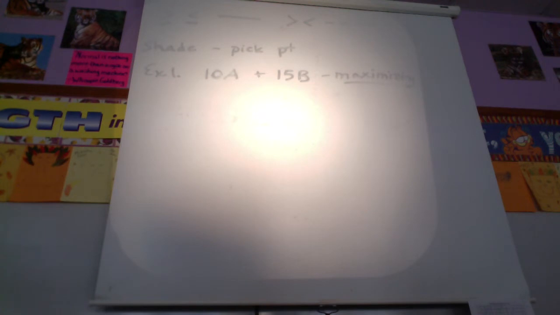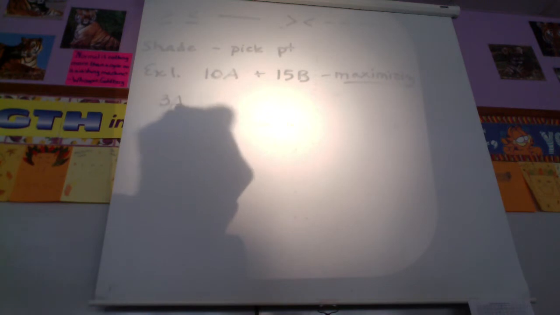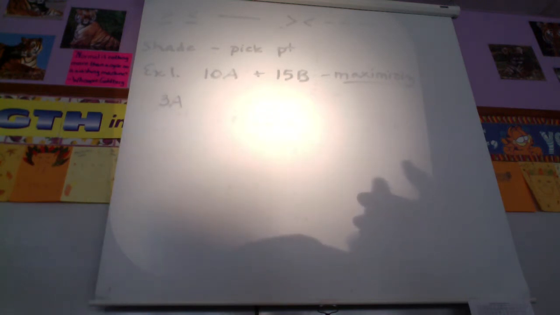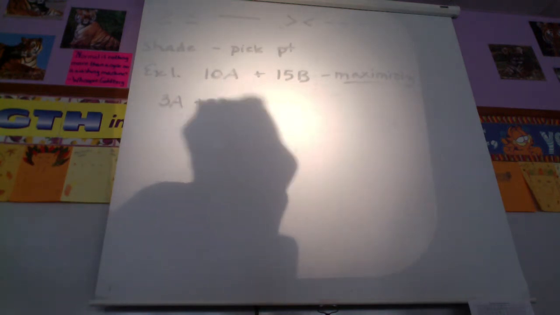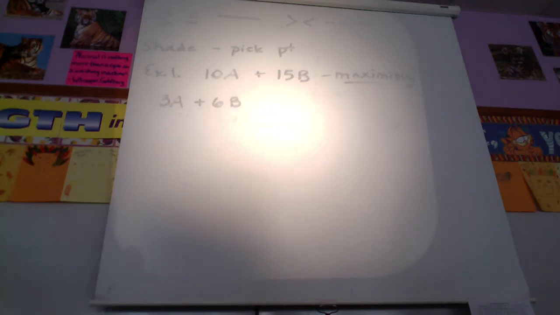Okay, it takes 3 minutes to answer each item of type A and 6 minutes to answer each item of type B, but you're only allowed 60 minutes. So 3 times A is how much time you spend on A questions, plus 6 times B is how much time you spend on B questions.